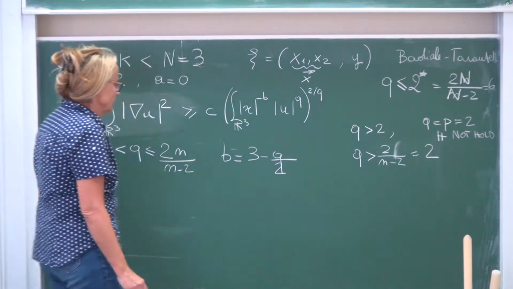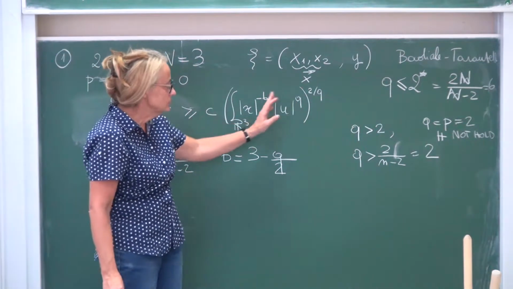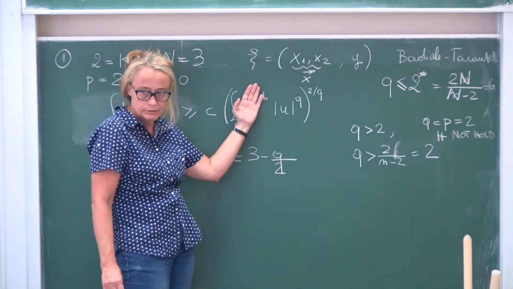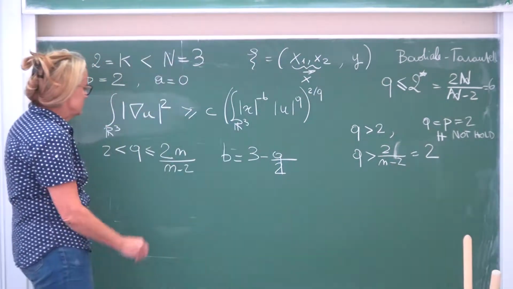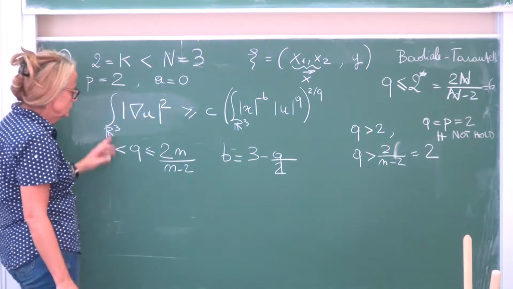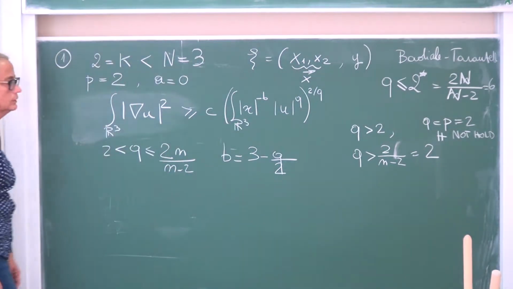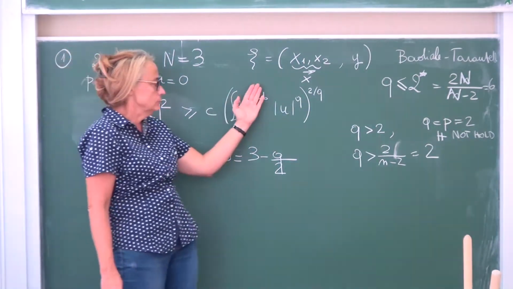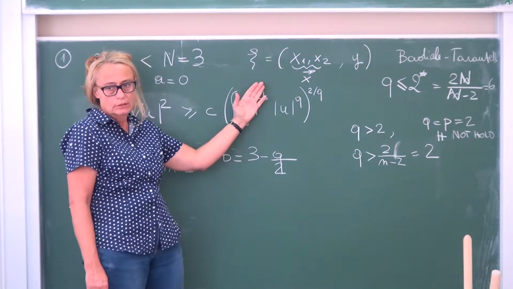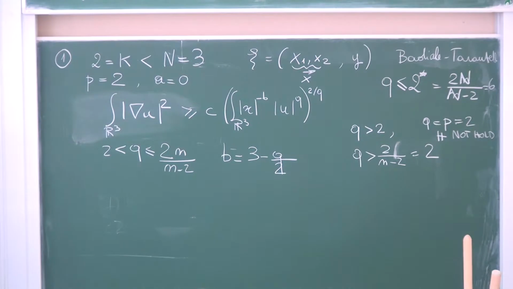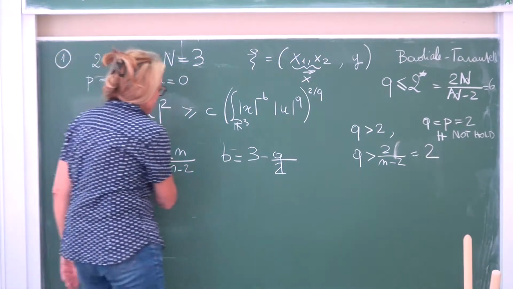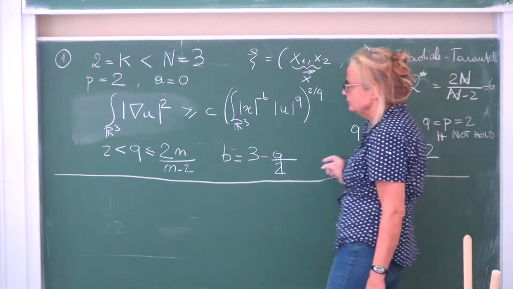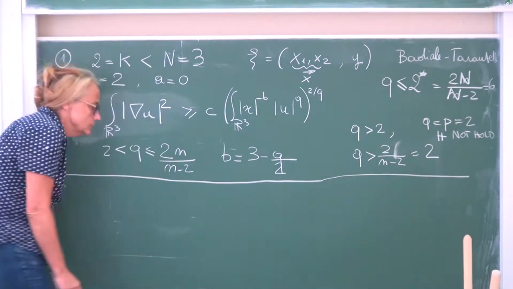And so when Q is the critical exponent, this disappears, and this is exactly the true Sobolev inequality. But when Q is strictly smaller than the critical exponent, you cannot prove this without a weight. So a weighted Sobolev type inequality holds even if the hard inequality does not hold.